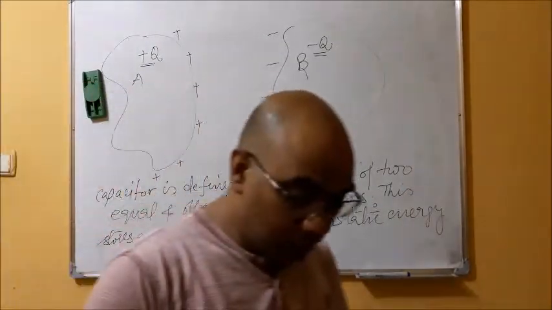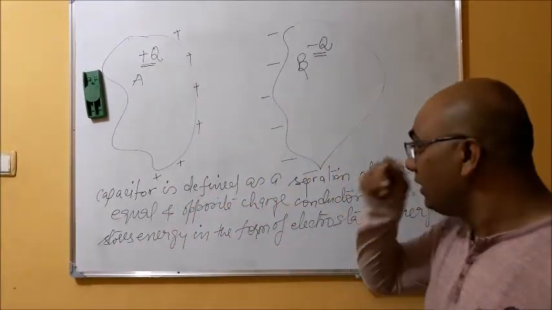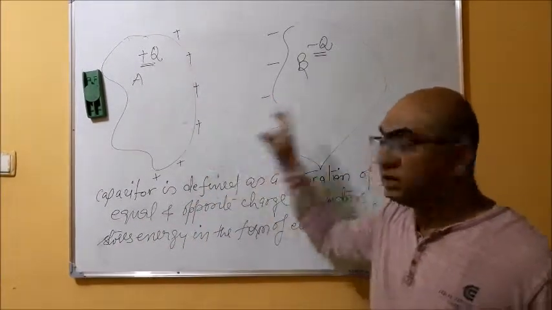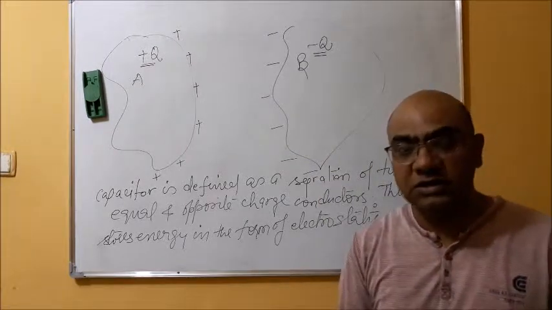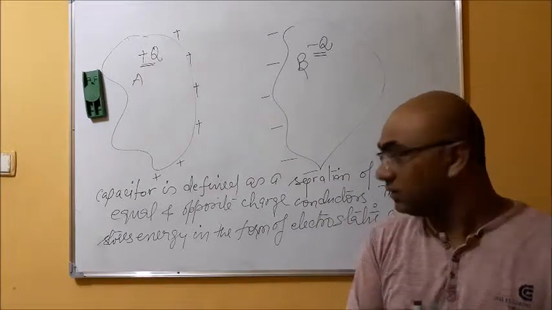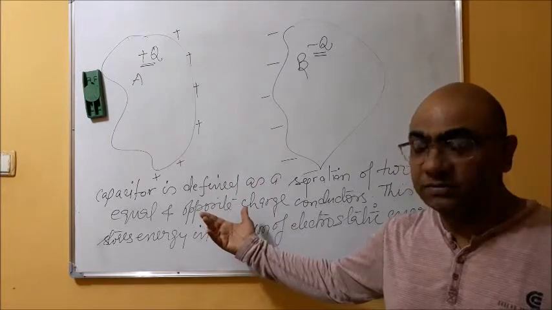Hence, we can conclude finally that if we have two conductors having equal and opposite charges and they are separated from each other, then they form a capacitor.